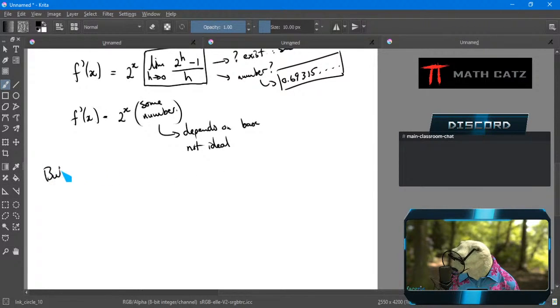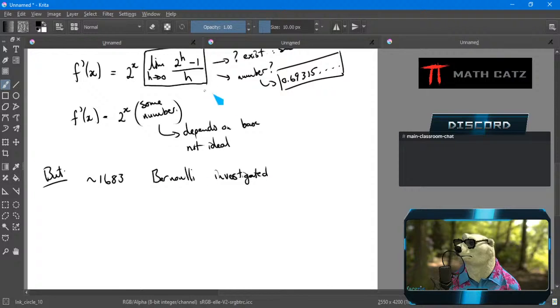But around 1683, which was before the calculus started, a very famous person by the name of Bernoulli, they were actually brothers, was looking at interest rate calculations and nothing to do with calculus. He didn't care. And what he had to investigate was a limit that looked like this. It was 1 plus h to the power of 1 over h as h goes to 0.